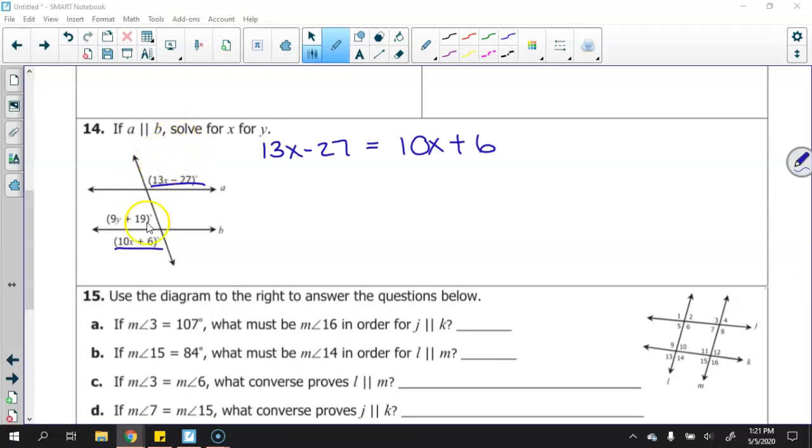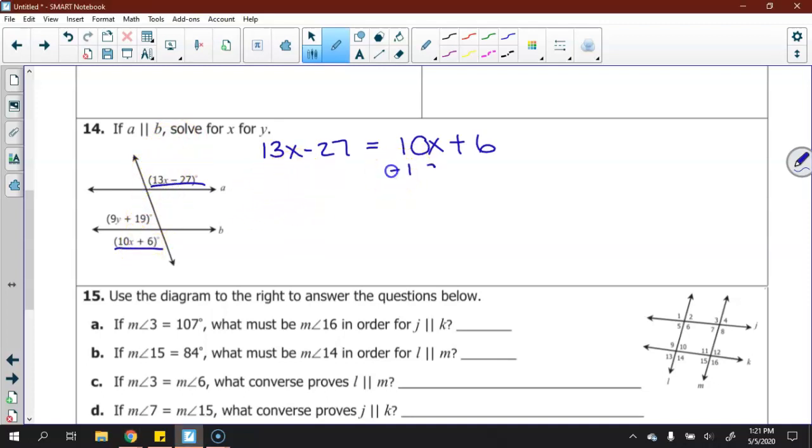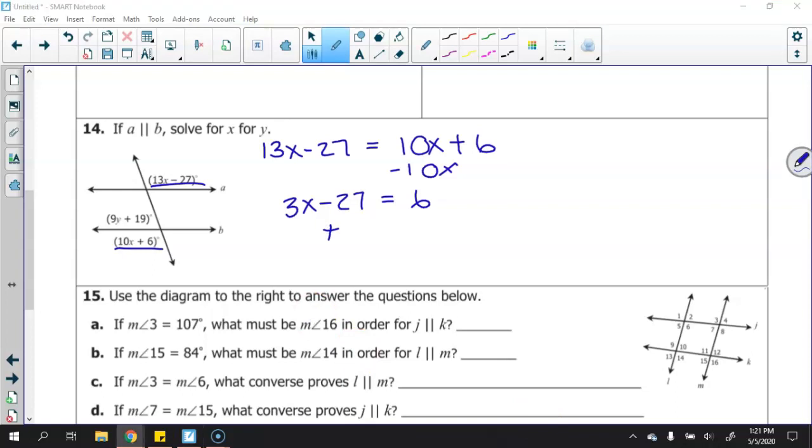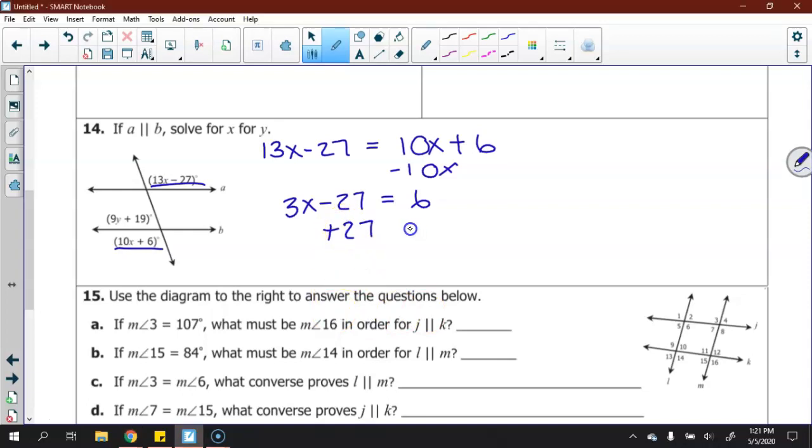All right. So when it comes to this one, you have to start off by solving for X before you can do anything else. So if I move my 10X over, I've got 3X minus 27 equals 6. Some of us got unmuted. All right, so I've got 3x equals, what is that, 33? So x is 11.